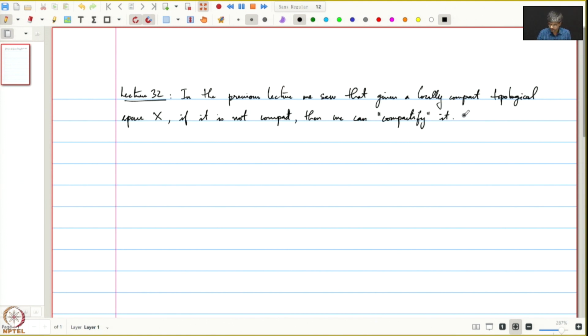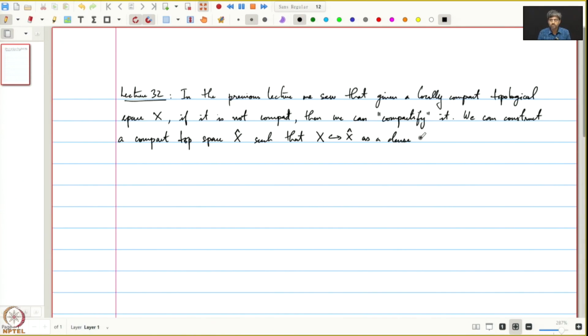It meant that we can construct a compact topological space X hat such that X is sitting inside X hat as a dense subset.